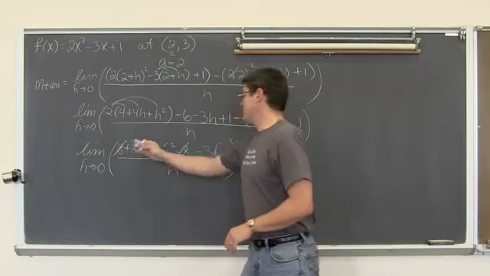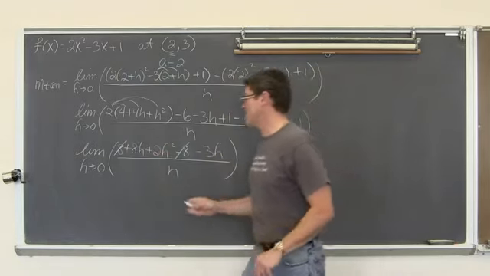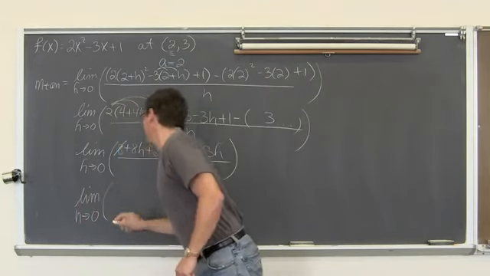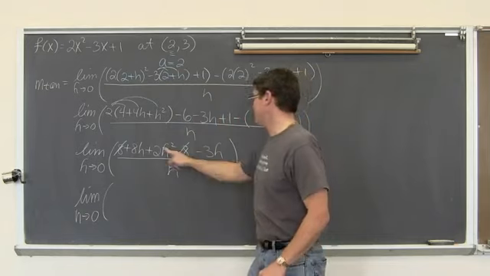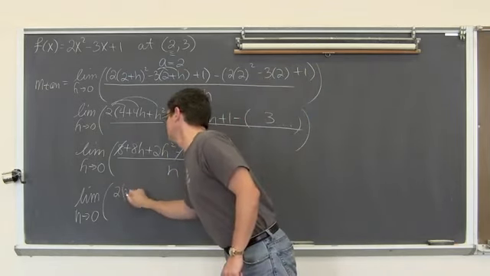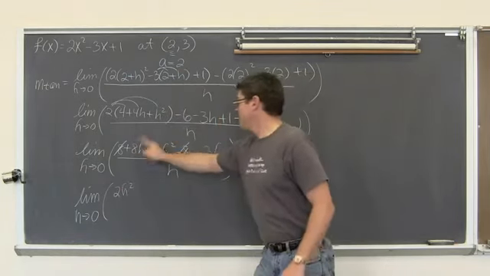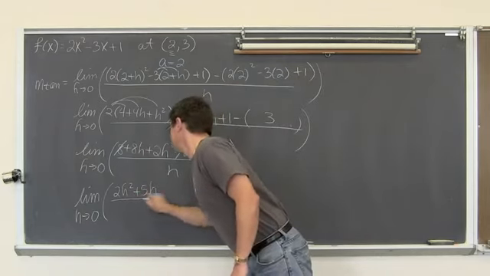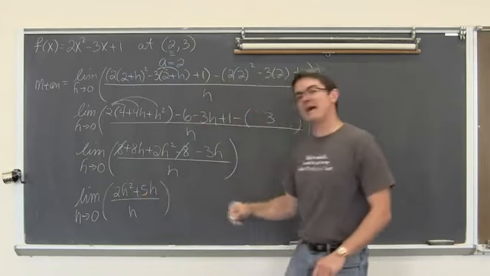So the positive 8 and negative 8 do cancel out, so we have the limit as h approaches 0 of, let's see, we have 2h squared, and 8 minus 3 is 5h over h. Now you see what's going to happen?